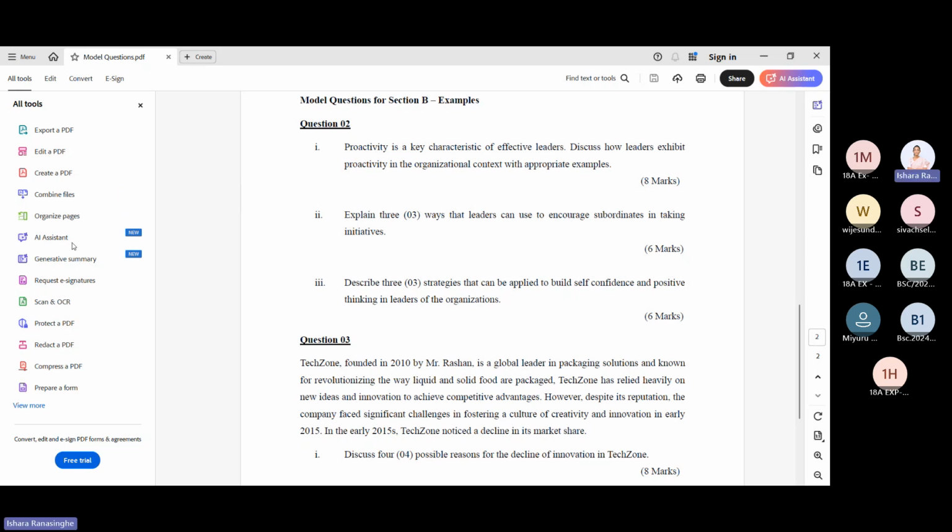The question number 2 is from chapter number 2. You see whether you are figuring out the correct place from the side.